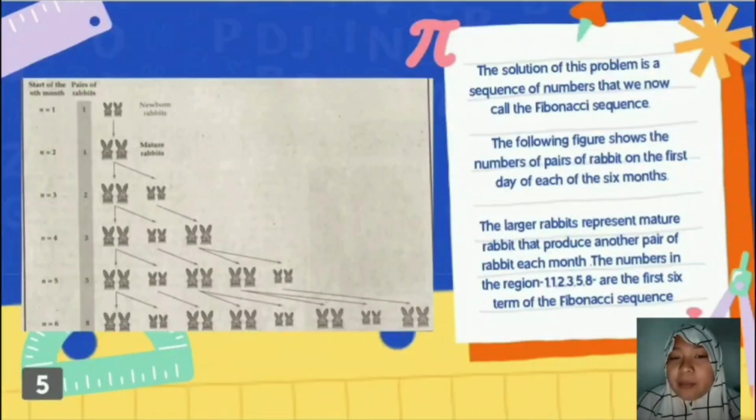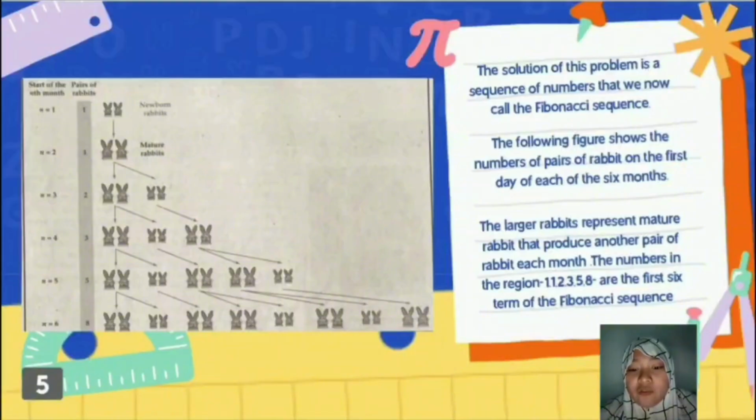Gi-add lang siya para makuha kung ilan ba every month na produce ng rabbits. So, it's like adding using the Fibonacci sequence until hanggang 8. Okay? Pag 3 plus 5 equals 8. So, dapat 8 pairs dito sa statement na to.